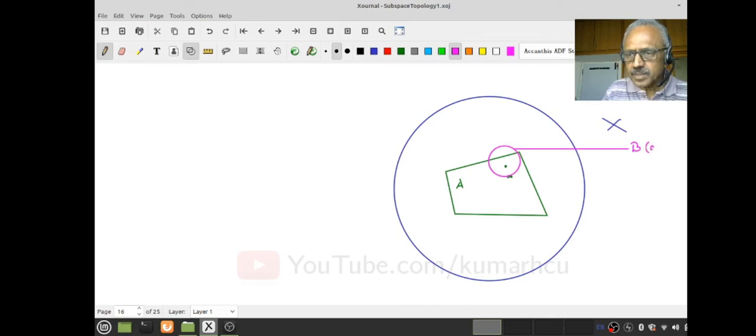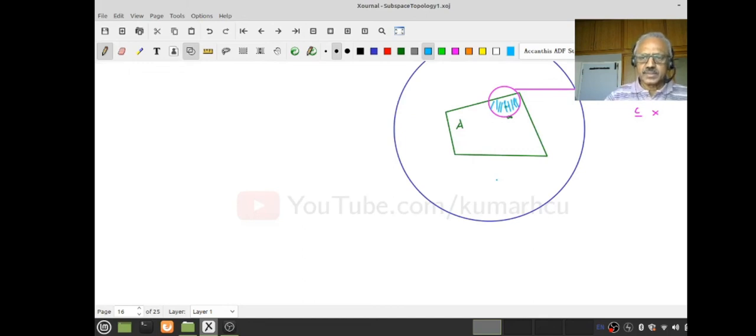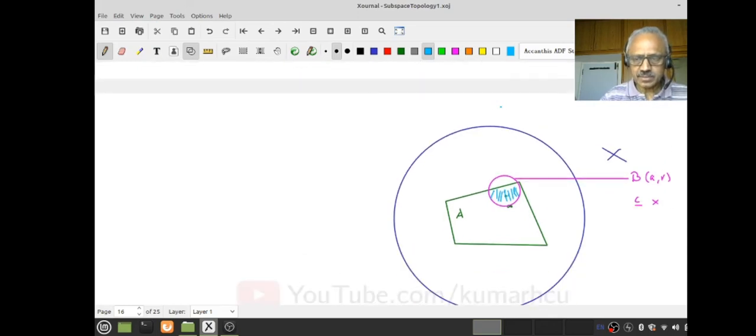This is B(a,r) in the space X. Therefore this is the set we are thinking about. All are open. This B(a,r) is open, but A may be anything. Have you understood? Keep the picture.